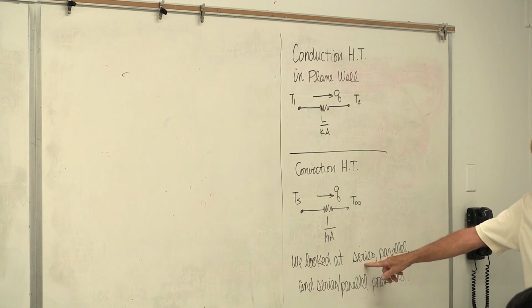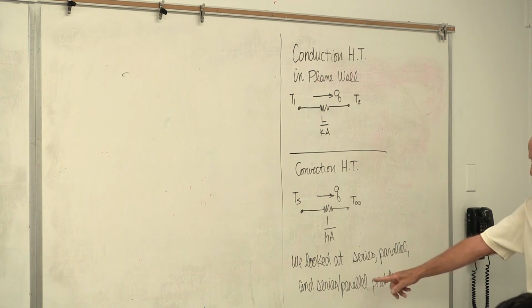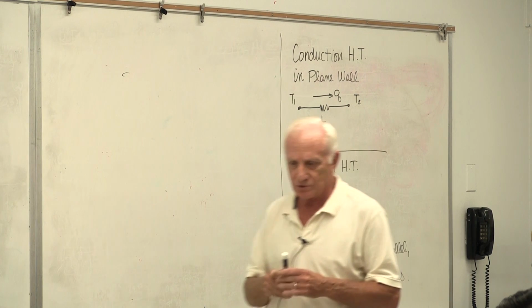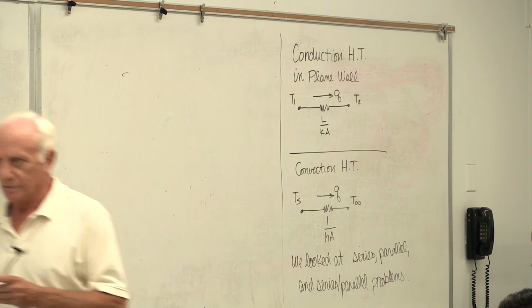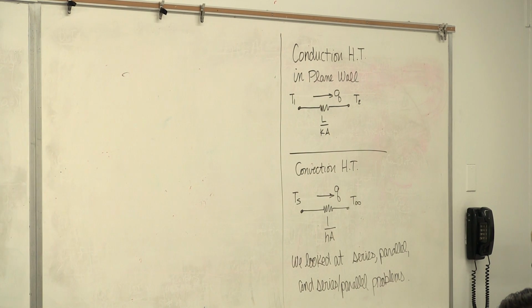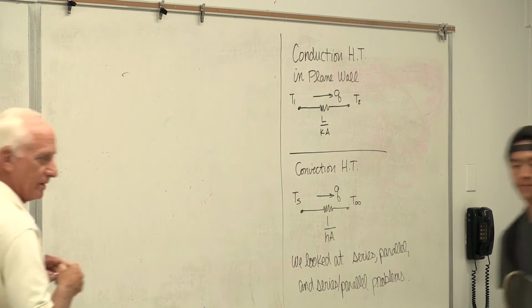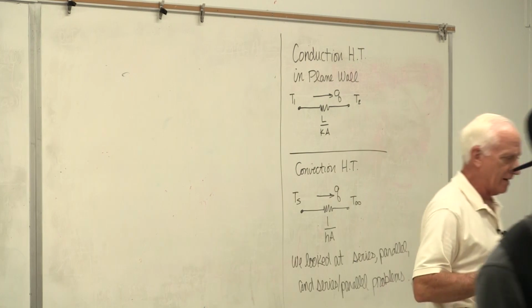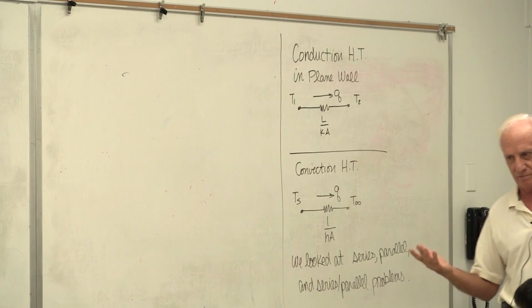We did one of these series, we did one of these parallel, and I showed you a series parallel combination like the typical wall construction of your home with inside wallboard, wood studs, insulation, and stucco on the outside. Or maybe it's a roof where you have plywood on the roof, roof tile on the roof. So that's, again, series parallel, convection on the inside of your attic, convection on the outside of the roof.